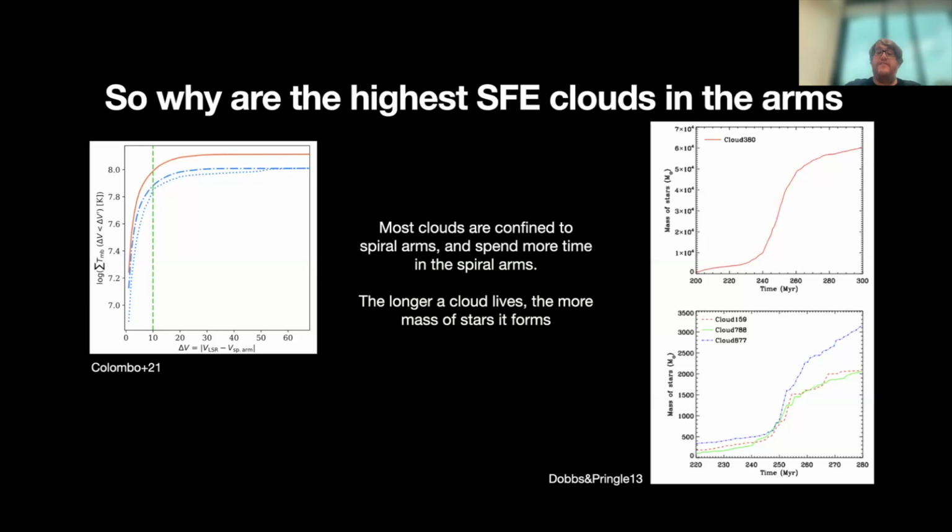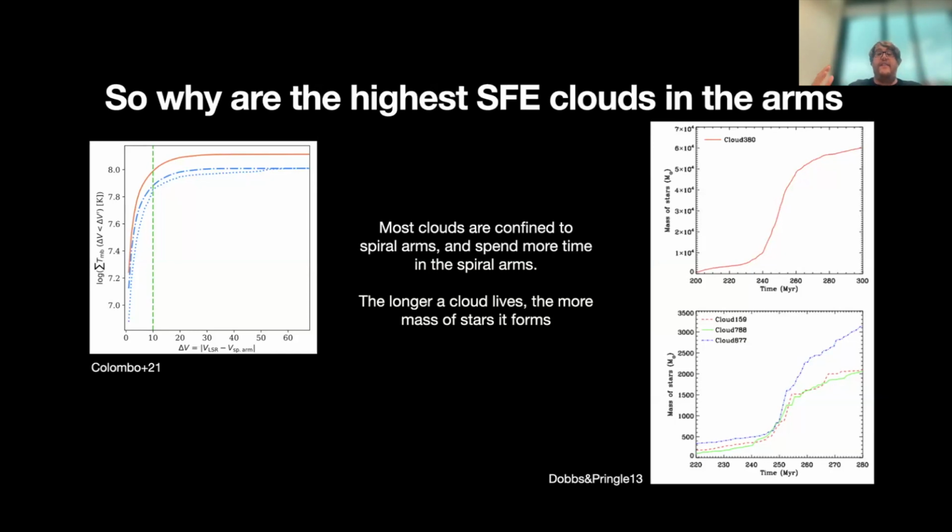simulations, the longer a star lives for, the more massive stars it's got the chance to form. So its instantaneous star formation efficiency may be the same, but the longer it lives, the more opportunity it has to convert its gas into stars.